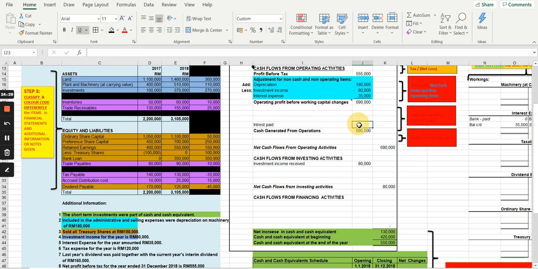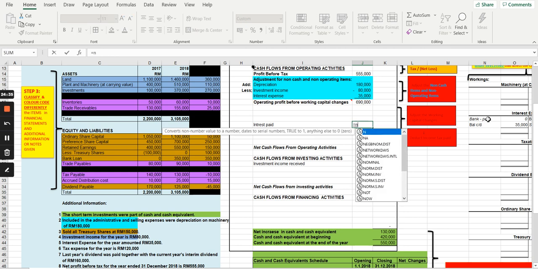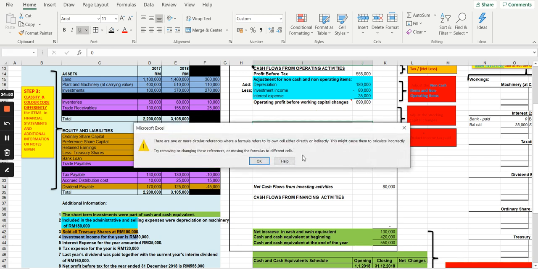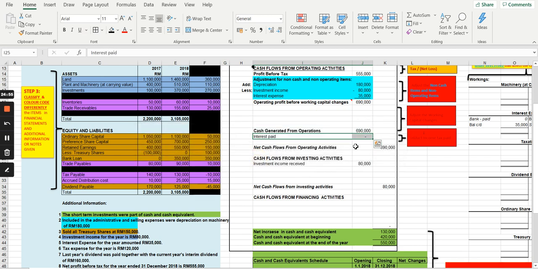So the interest paid is the same as interest expense, which is none. So I put here just a dash, which shows nothing to be paid.